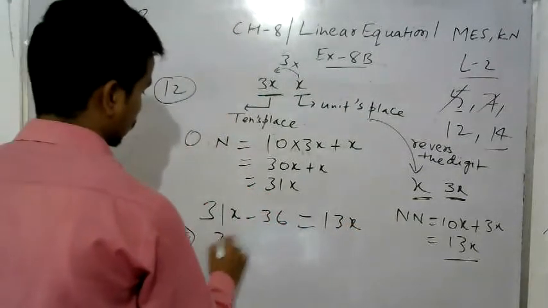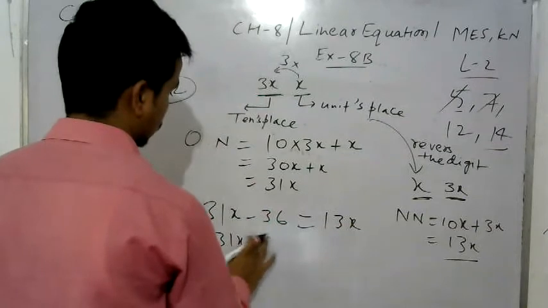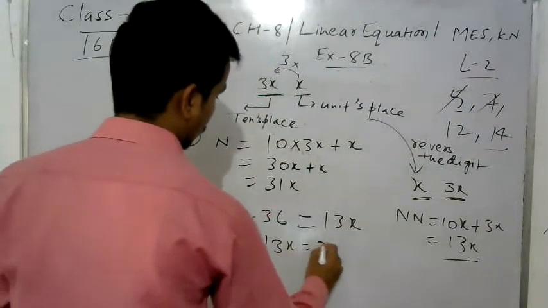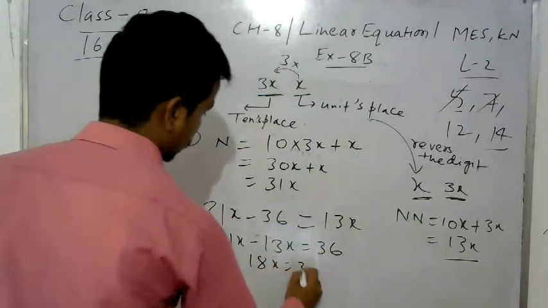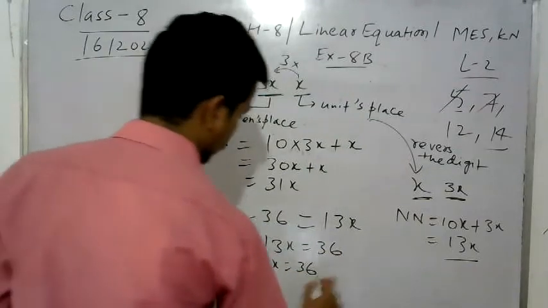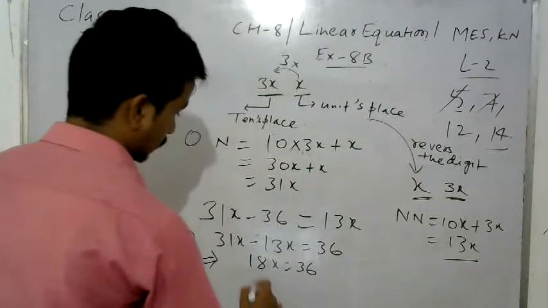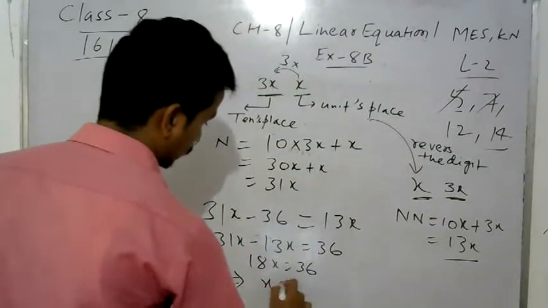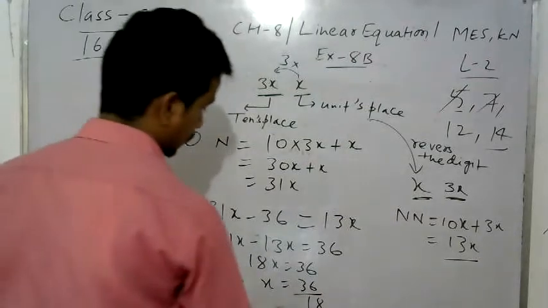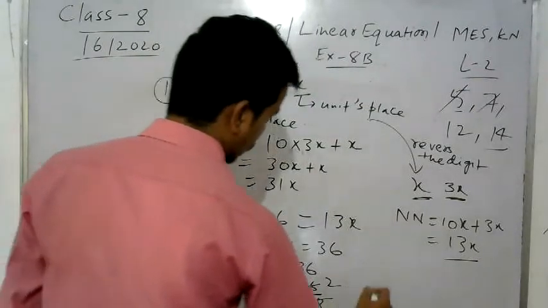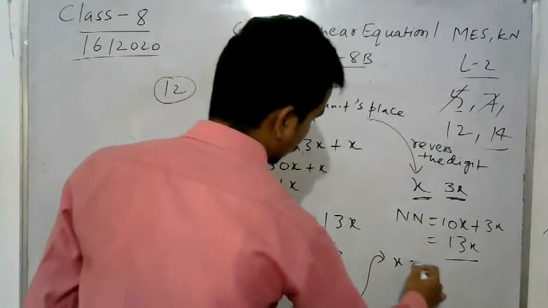So this implies 31x minus 13x equals 36, and this implies 18x equals 36. So x equals 36 by 18, which is 2. Therefore x equals 2.